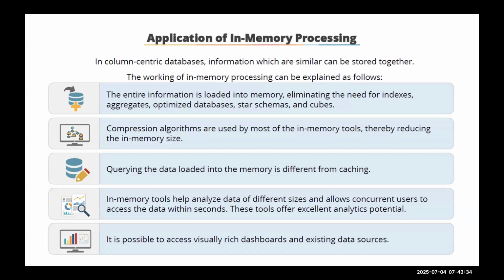Whenever you store anything, it is stored on the disk, and whenever you try to read that file, it is first loaded into the memory. Then only you can read it. Whatever things you have on the disk, first you need to load them into the memory, then only you can do any calculation on top of it.